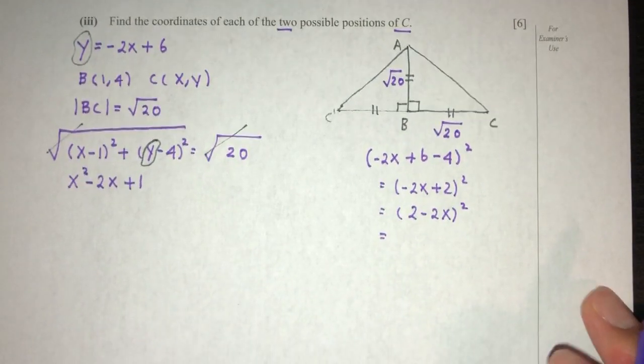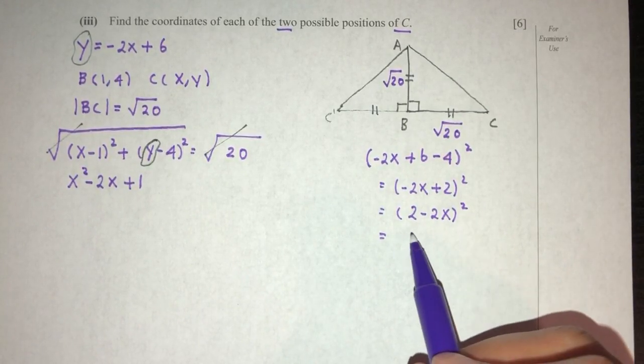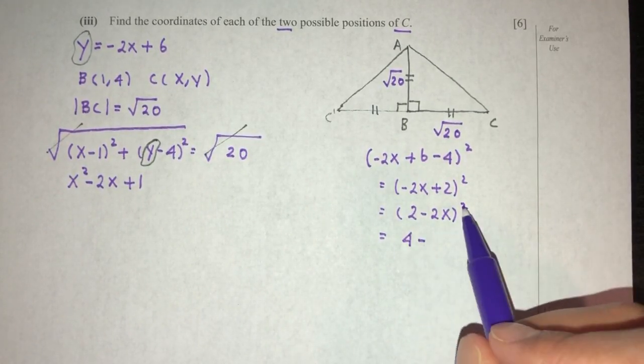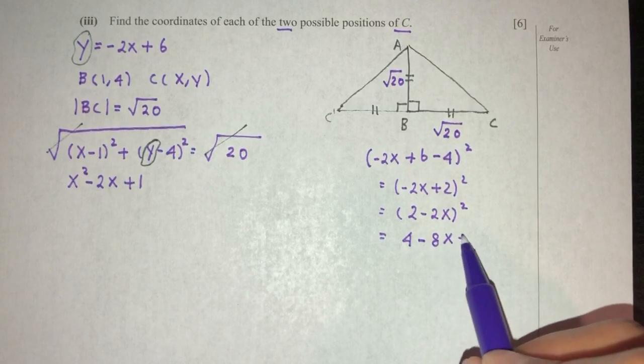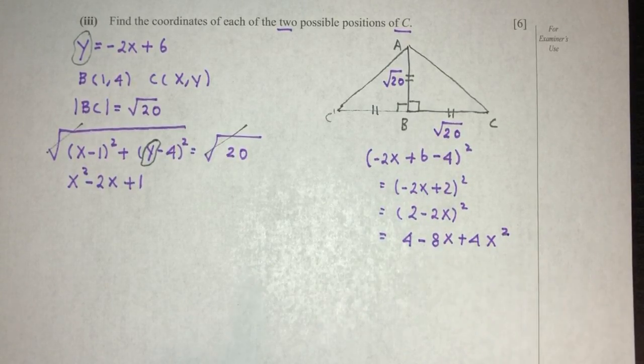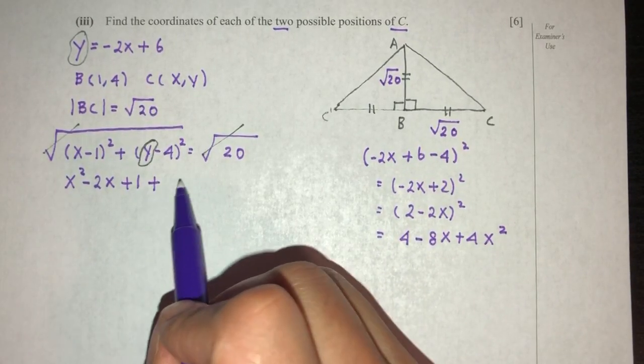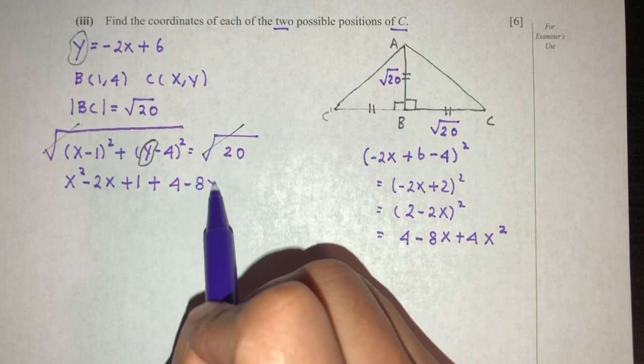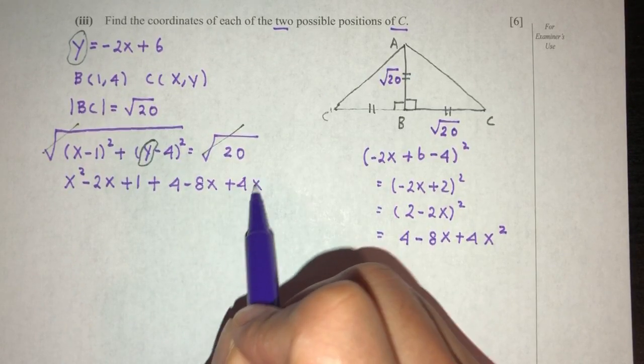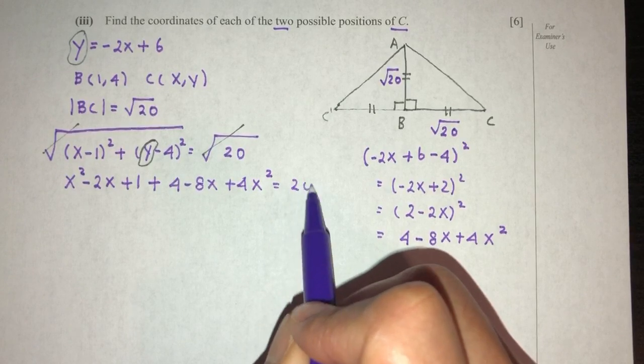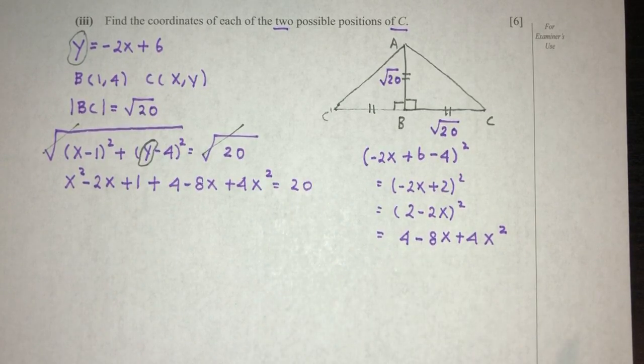Now we can simplify. That will give you the values of 4 minus 8x plus 4x squared. So replace, you will have this plus 4 minus 8x plus 4x squared equal to 20. So simplify to see what happens.